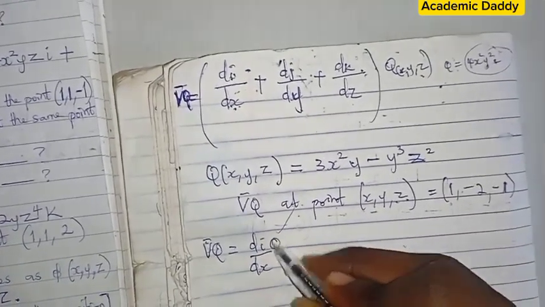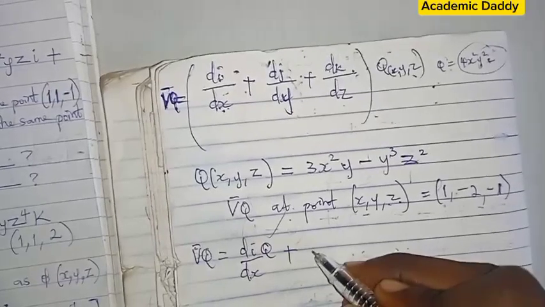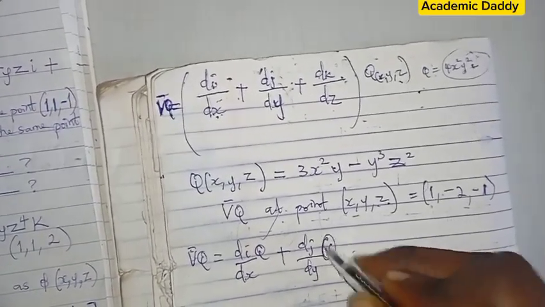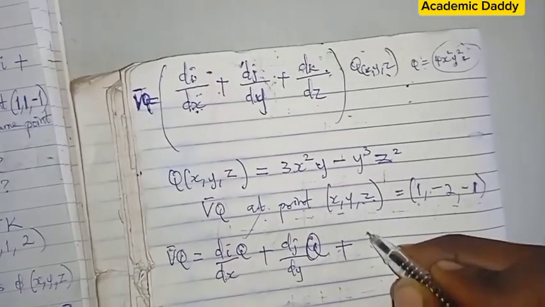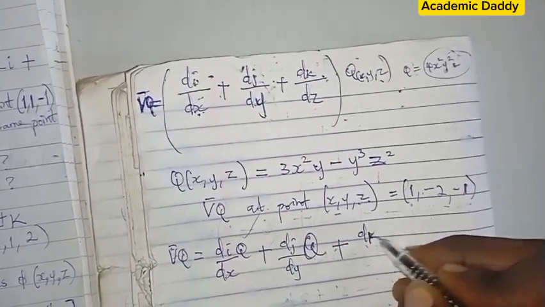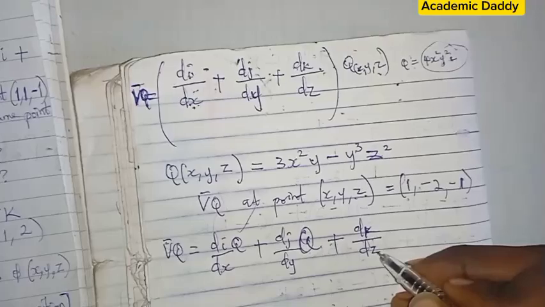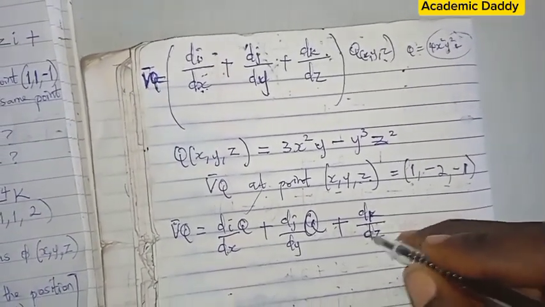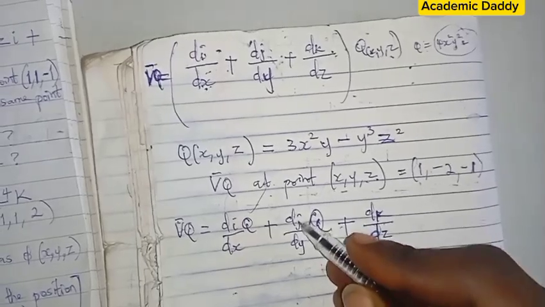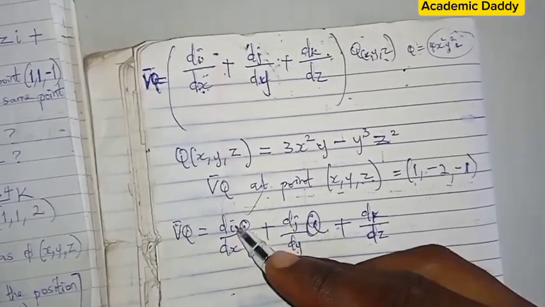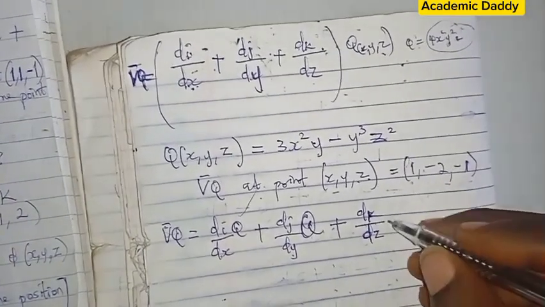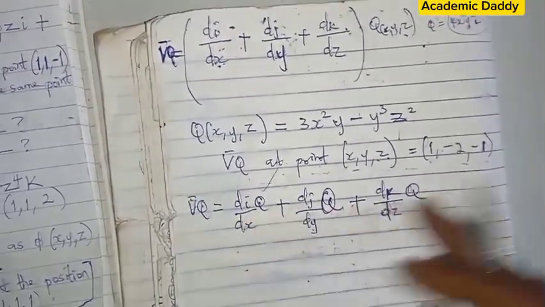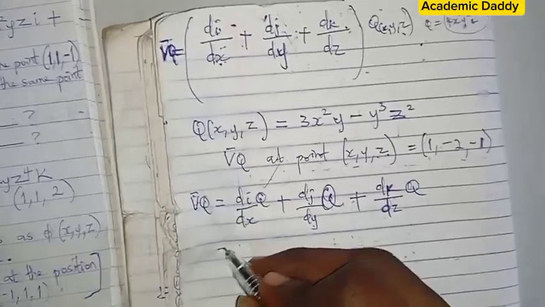So let's put that q here, plus dj all over dy q, then plus dk with respect to z, q. This means differentiate i with respect to x, differentiate j with respect to y, then k with respect to z, then q. This is the same thing as the formula, so let's now put their values.